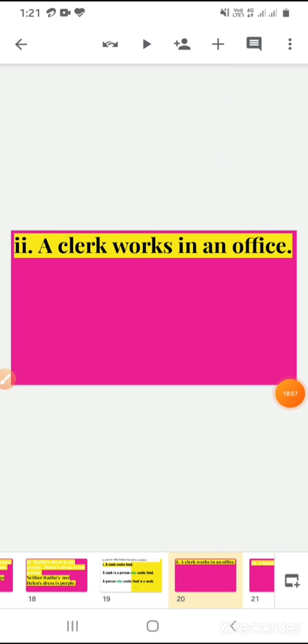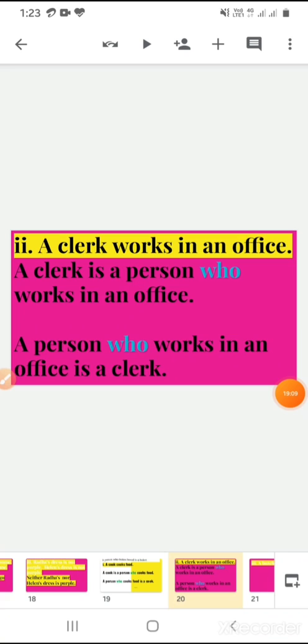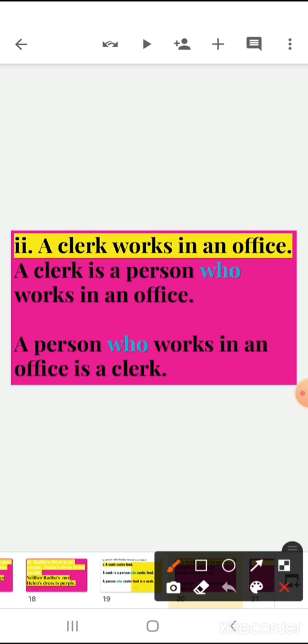A clerk works in an office. Okay, this we have to make 2 sentences using who. See, a clerk works in an office, right? And we have to use who here.